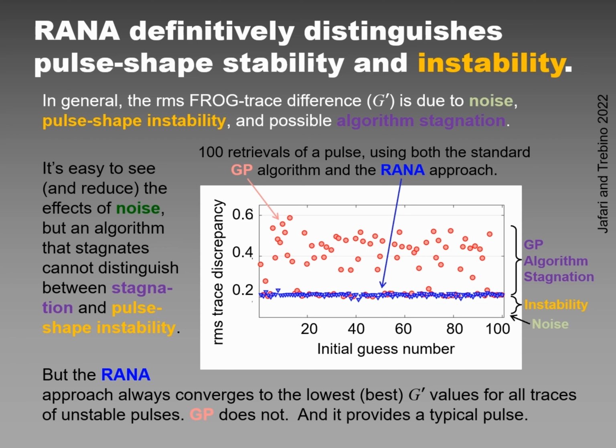Its G' error has no contribution from stagnation and is entirely due to the instability, and a little from noise. So FROG with RANA definitively establishes whether a pulse train has stable or unstable pulse shapes, and it solves this infamous decades-old problem. It also yields the correct pulse length, and for third-order FROG versions, the typical pulse structure.